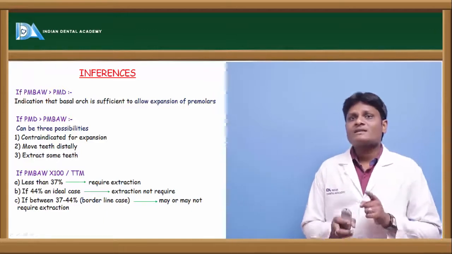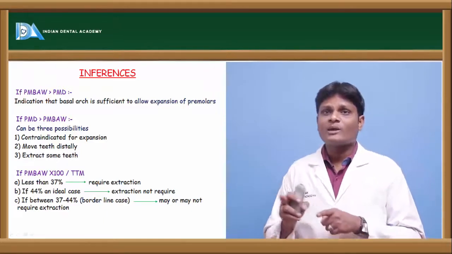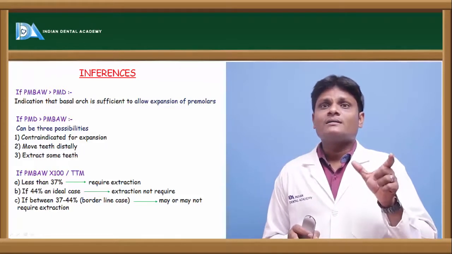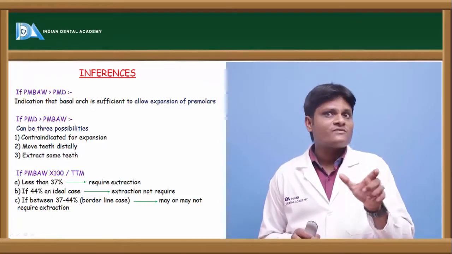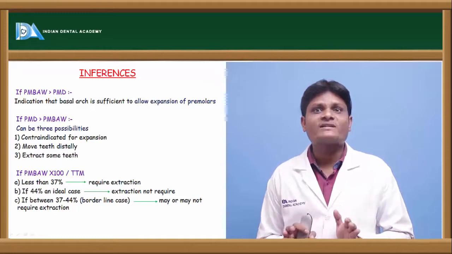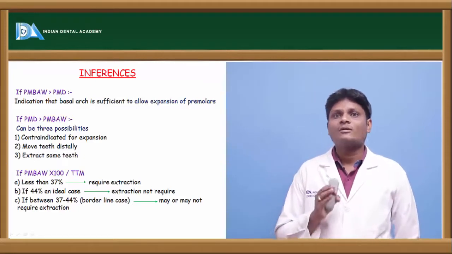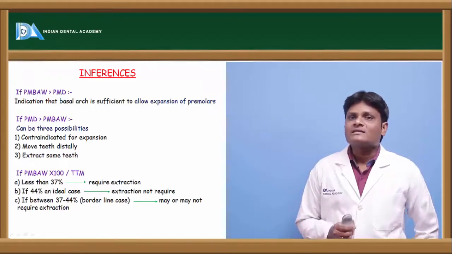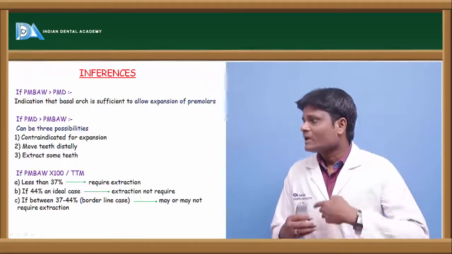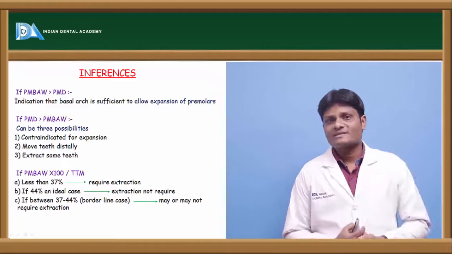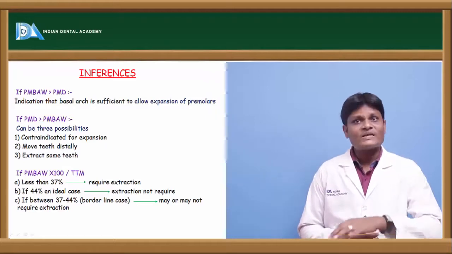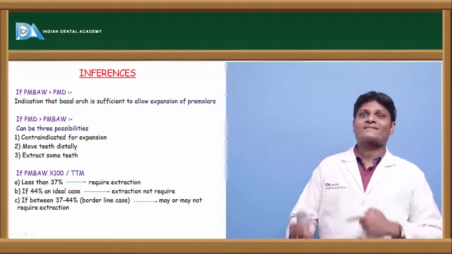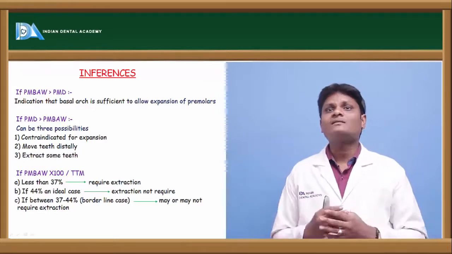If the premolar basal arch width is less than the premolar diameter, it is an indication that the existing premolar basal arch width does not allow further expansion in the region of the premolars. The second inference is, if the premolar diameter is greater than the premolar basal arch width, expansion is not possible, and rather we need to extract teeth in order to correct the malocclusion.